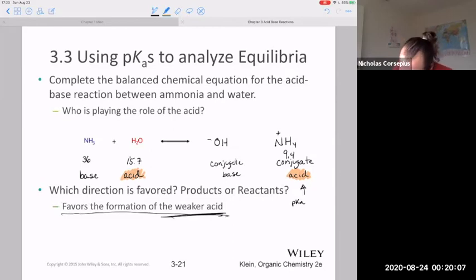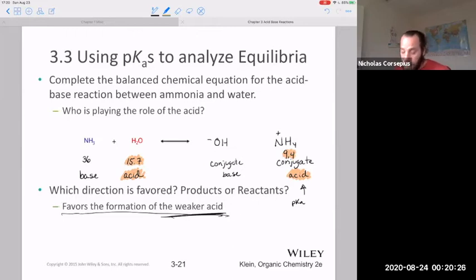Okay, so again, I'm going to compare my two acids on my reactant side and my product side. This reaction will favor the formation of the weaker acid. So which one's the weaker acid? Remember, weaker acid means high pKa, strong acid means low pKa.